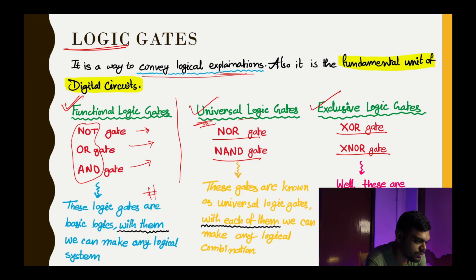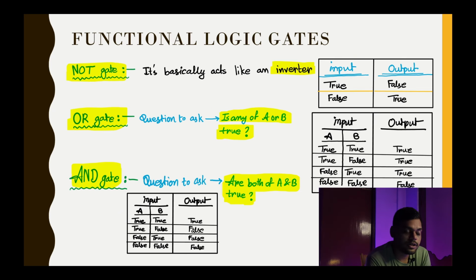So let's move forward. As we have mentioned, we are going to discuss only functional logic gates in this demo session. So here we are having a look at the functional logic gates. We have NOT gates, OR gates, and AND gates. So what is a NOT gate?